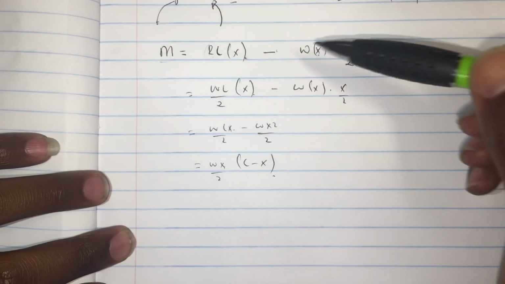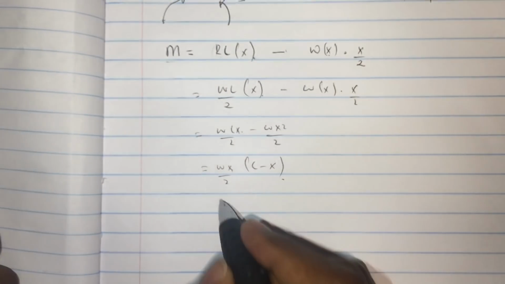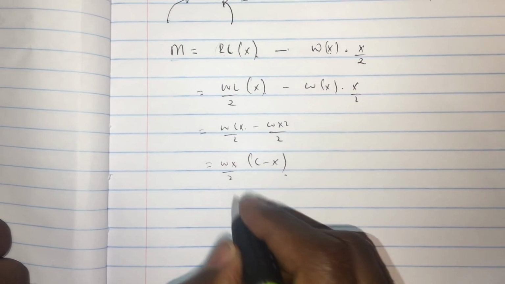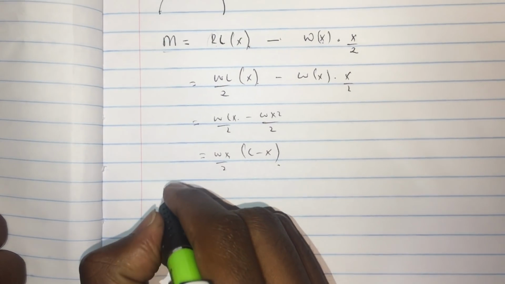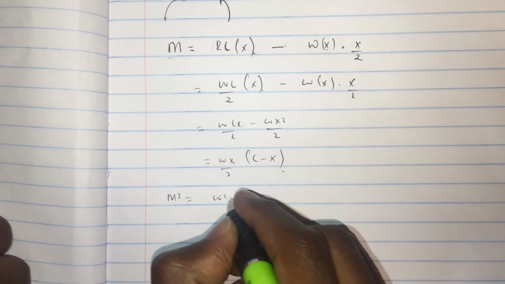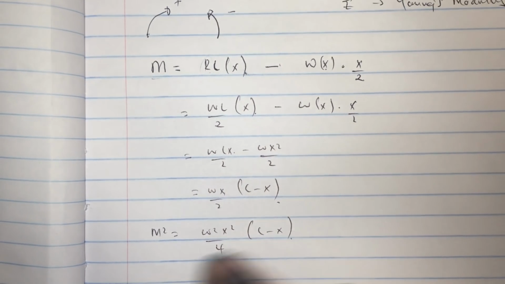Now we need to find the strain energy, right? So we can square this. This equation becomes M squared is equal to omega squared x squared over 4 (L minus x) squared.